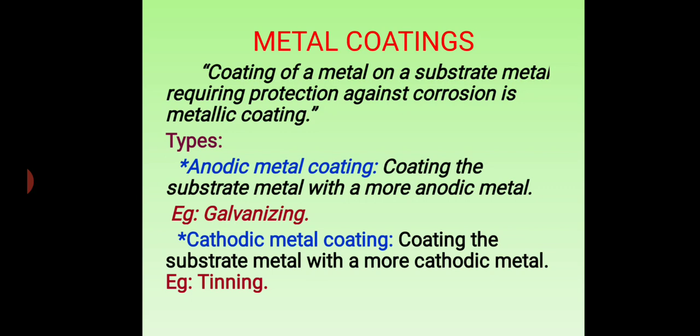The example is tinning. Anyways, from 18 scheme they have removed this tinning process. So both processes will be same, only in the galvanization there will be zinc metal coating given. In tinning there will be tin metal coating given. So let us just begin with galvanization.